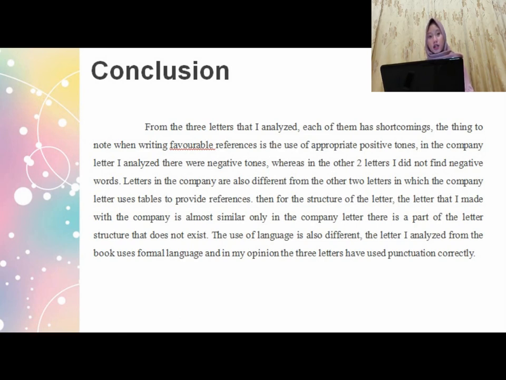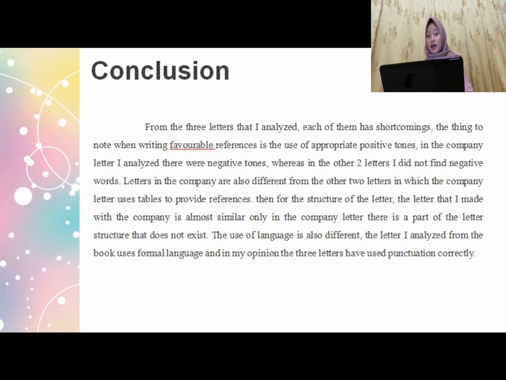The company letter is also different from the other two letters, in which the company letter is able to provide references. Then the structure of the letters is almost similar, only in the company letter there is a part of the letter structure that doesn't exist. The use of language is also different.